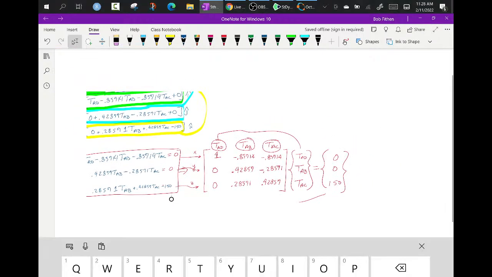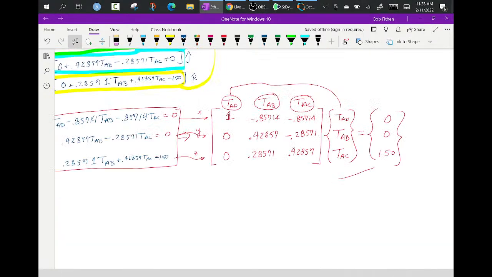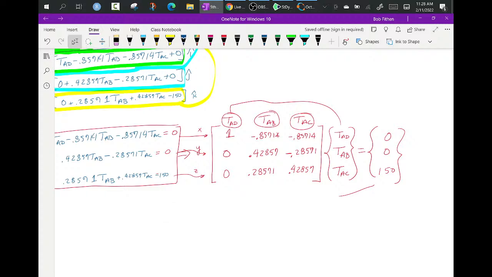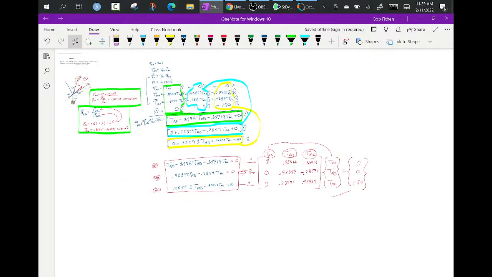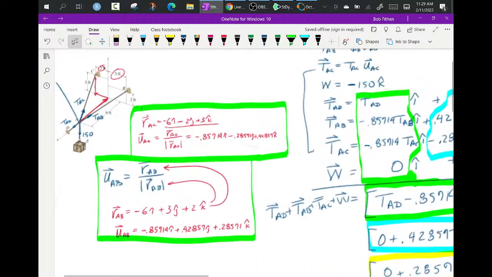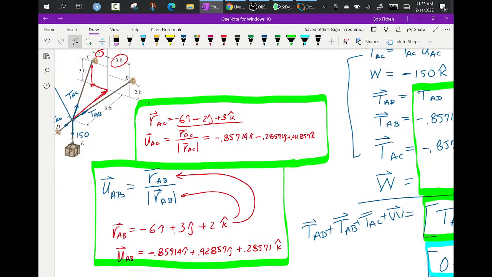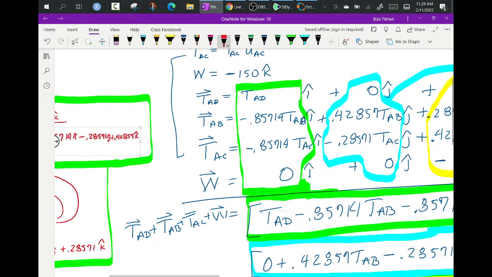Now let's look at something interesting about this. And this is the reason I do this. So what I'm going to do, I'm going to do something interesting here. I'm going to copy these terms and adjust them. I'm going to do a copy.